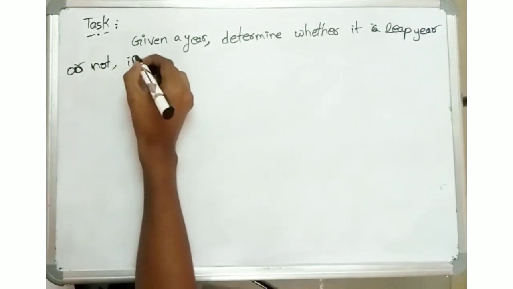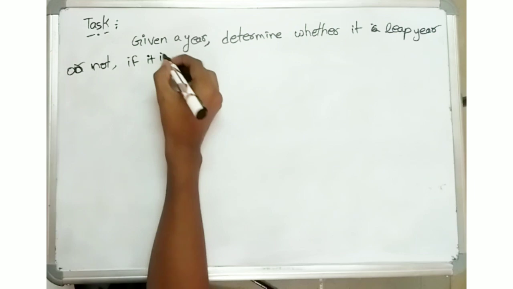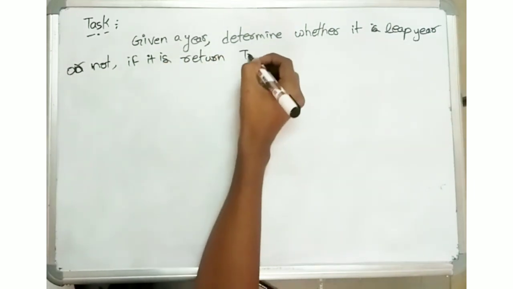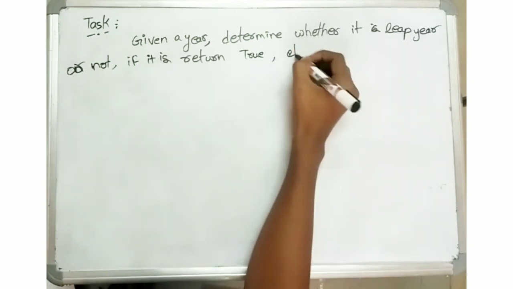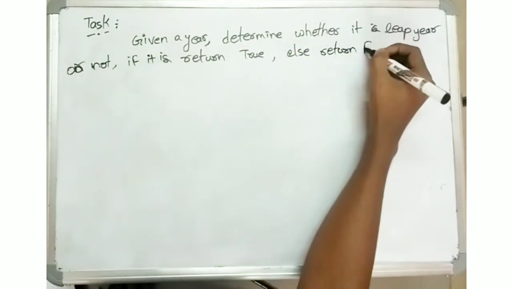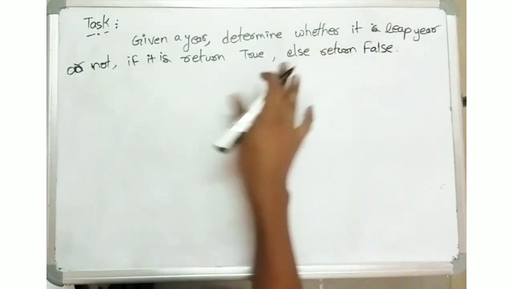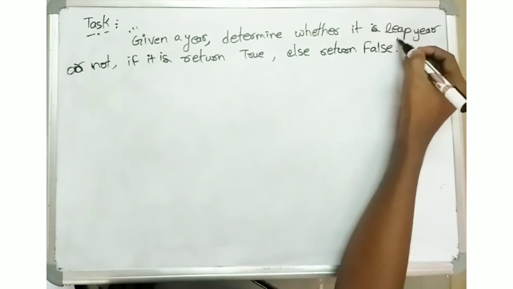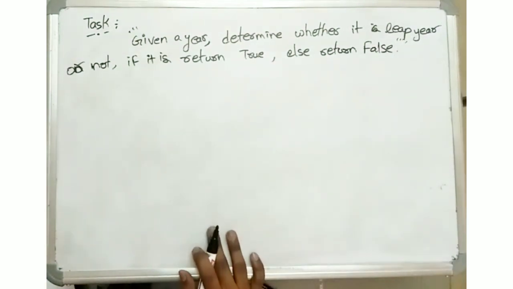If it is, return true, else return false. This is the condition, this is the question they given. Our code is to perform this task.